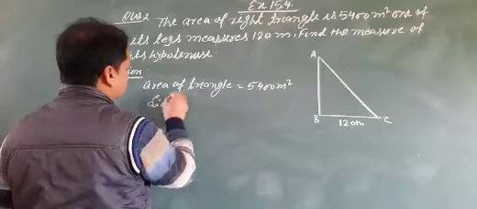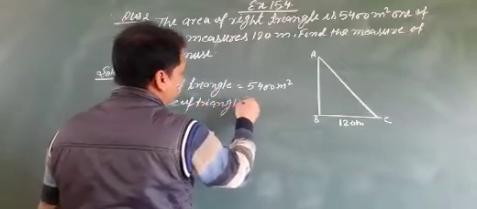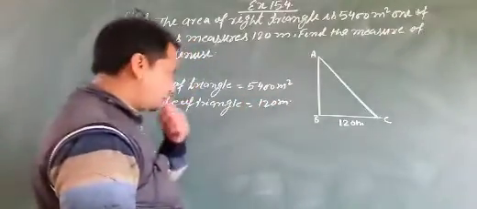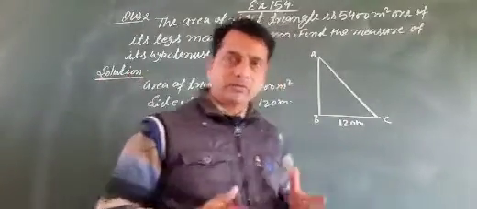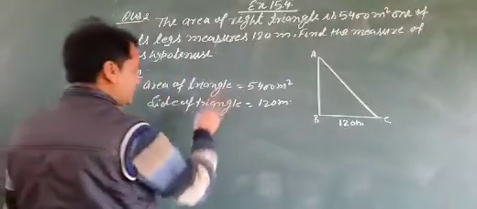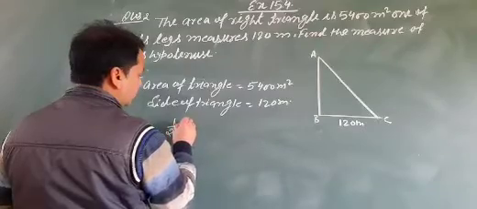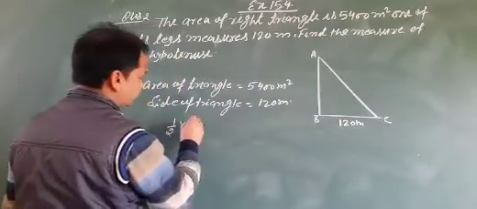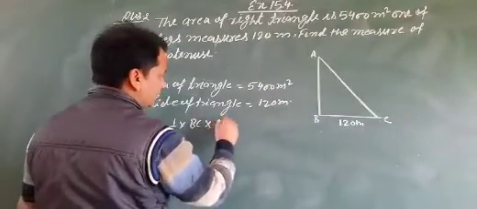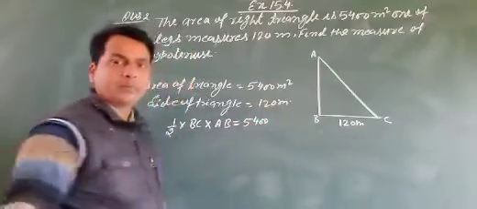We know that area of triangle is 1 by 2 base into height. So apply the formula: 1 by 2, base is BC and height is AB, equal to 5400 meter square.